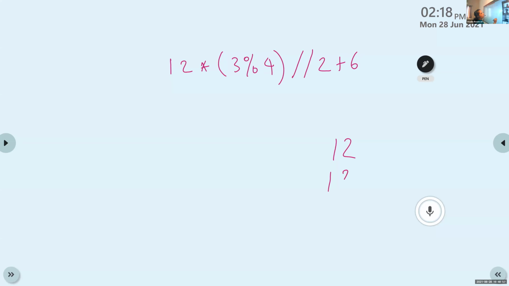Ma'am, is it 18? Then Vishnu? 24. I got a different answer. Is 24 there? Anyone? 24 is the correct answer. Who got 24? Rahul. Good. Only Rahul.